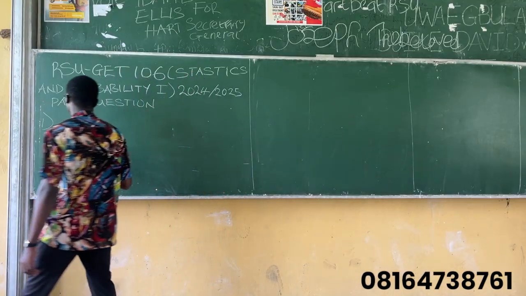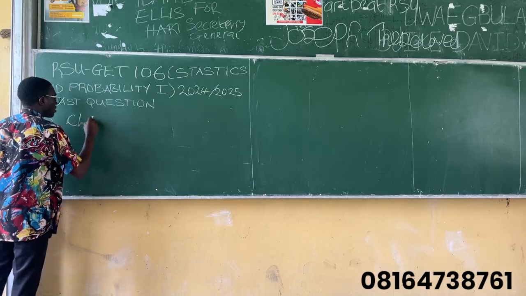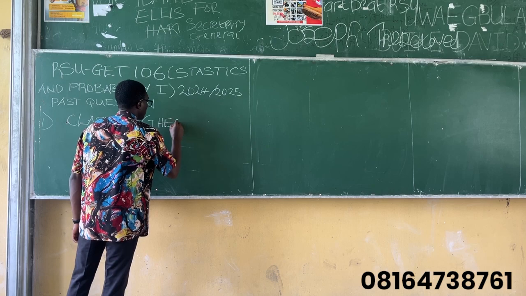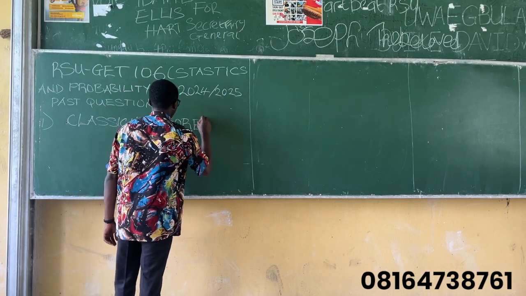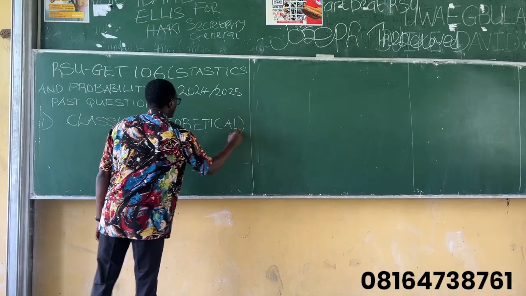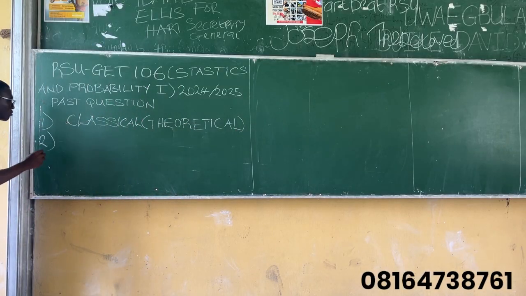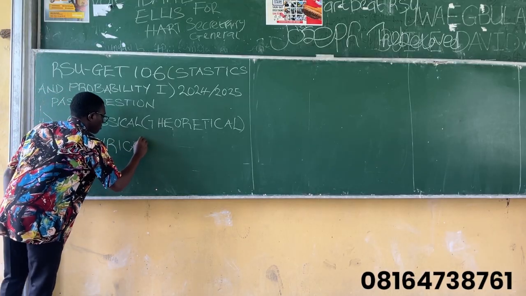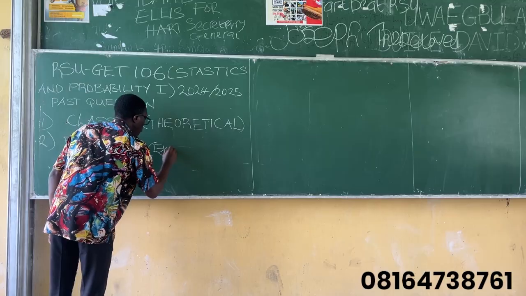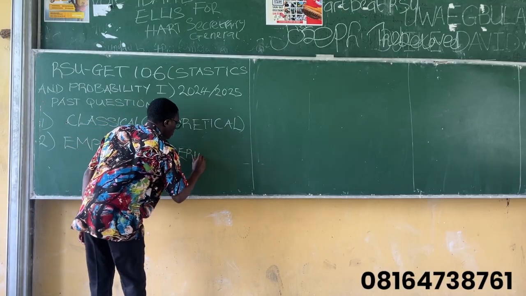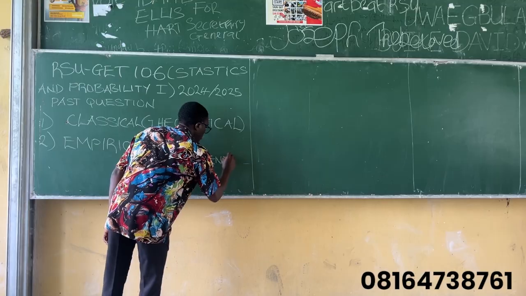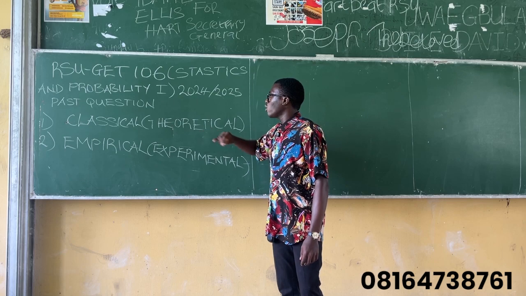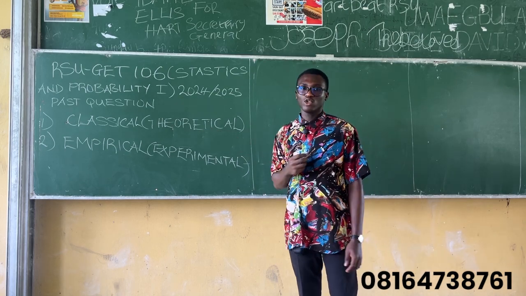Now, the two main types of probability are one, the classical or theoretical probability, and two, the empirical or experimental probability.